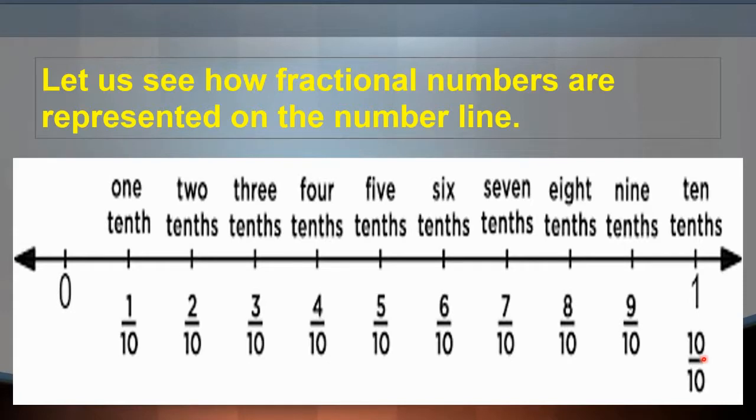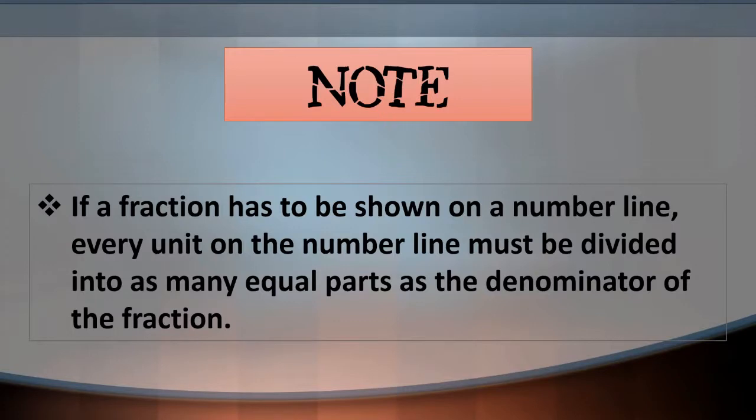That means 1. Important note: if a fraction has to be shown on a number line, every unit on the number line must be divided into as many equal parts as the denominator of the fraction.